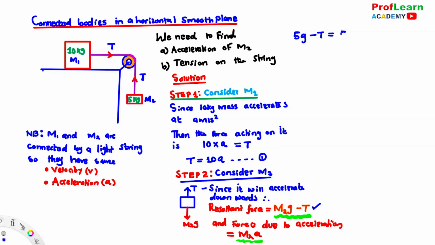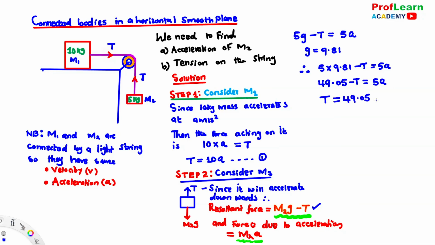So we can now say 5 times G minus T equals 5 times A. We can rearrange this and substitute 9.81, so 5 times 9.81 minus T equals 5A, and our equation can reduce to 49.05 minus T equals 5A. We can make T the subject of the formula, and then we shall have this as our second equation. Remember, we have two equations now.